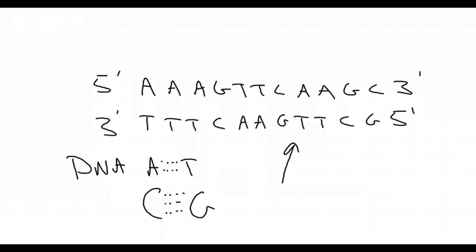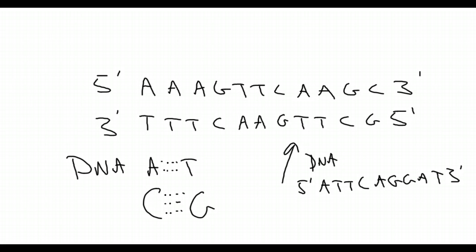But what we find is that if we're only dealing with DNA, then we use thymine. When I take a DNA sequence later, as you'll see, such as 5' A, T, T, C, A, G, G, A, T, 3', when I make a piece of RNA on that, again, it's anti-parallel, and we follow the same base pairing rules, but in RNA, we don't have thymine, we have uracil, so we'd have 3' U, A, A, G, U, C, C, U, A, 5'.